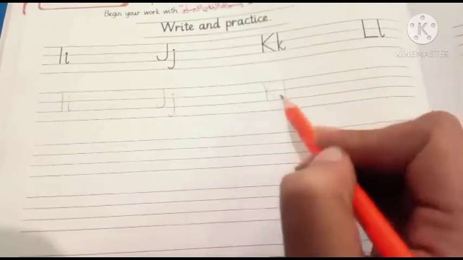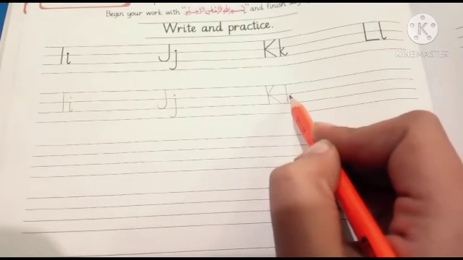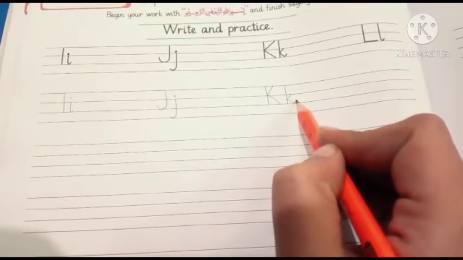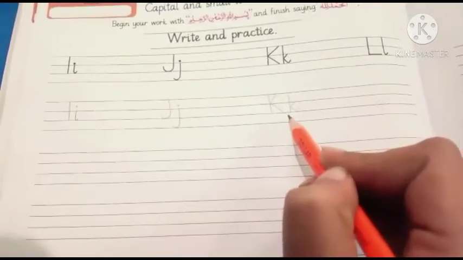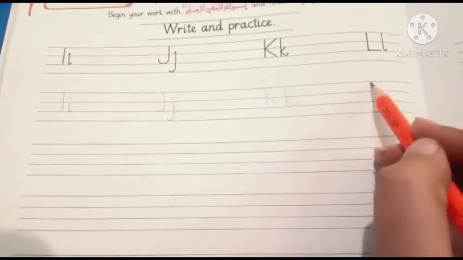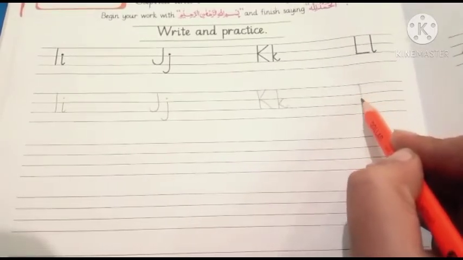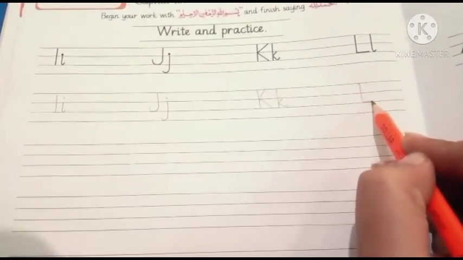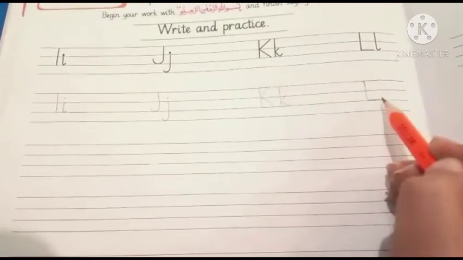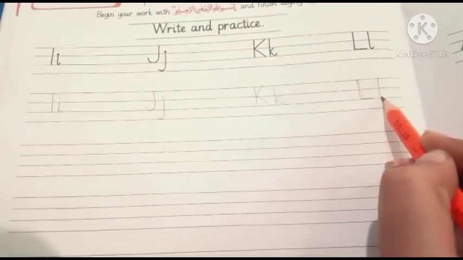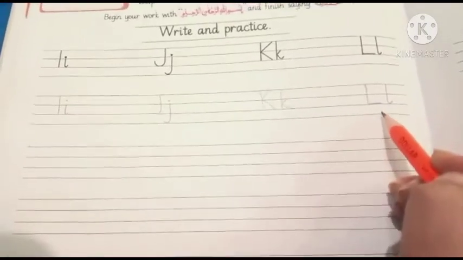Small k, make a standing line from first to third line, then start from second line, make a slanting line towards the standing line, then make a slanting line towards right side, then curve it. Capital L, start from first line till third line, make a standing line, then make a sleeping line towards right side. Small l, start from first line till third line, make a standing line, then curve it towards right.